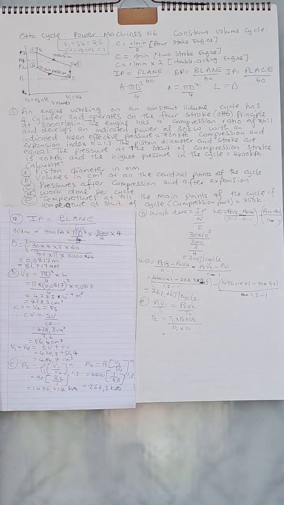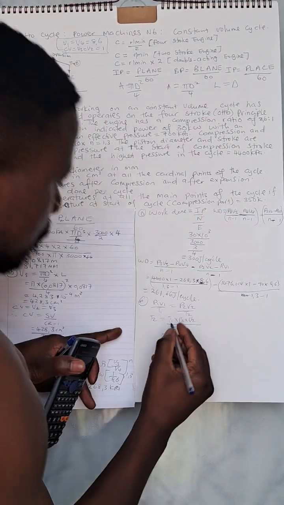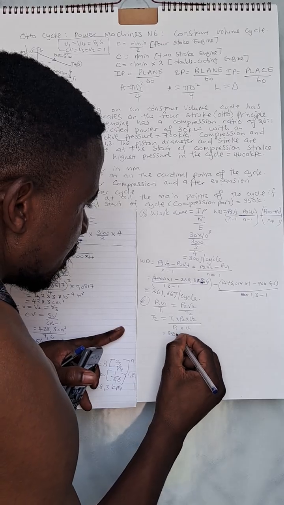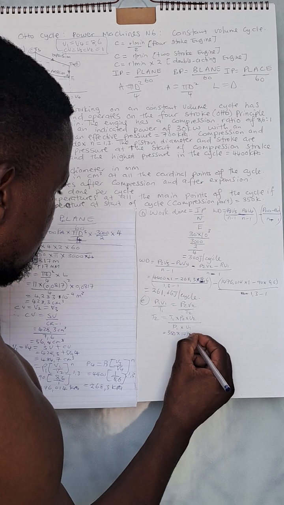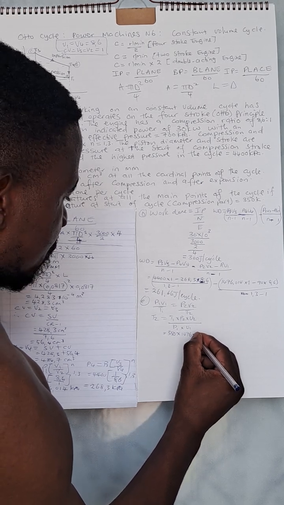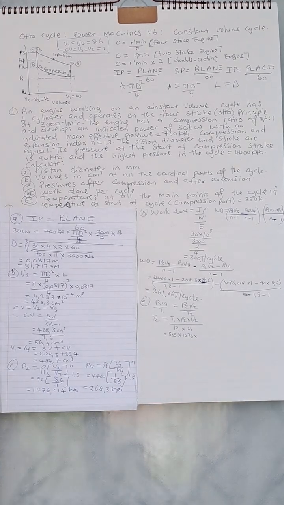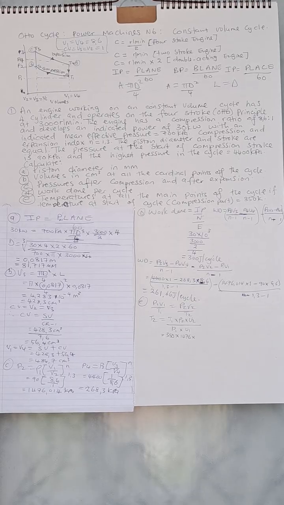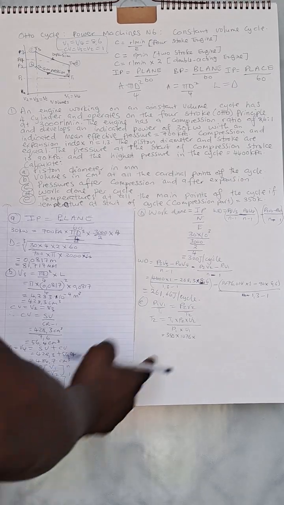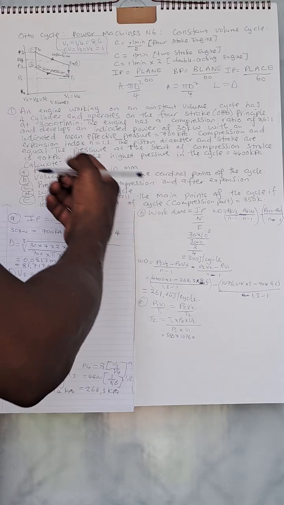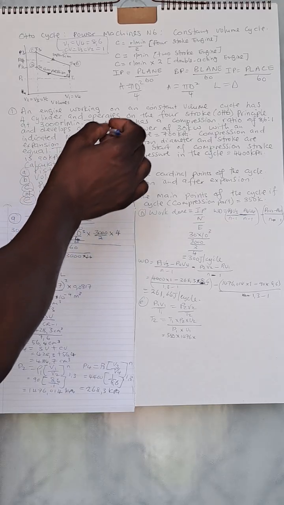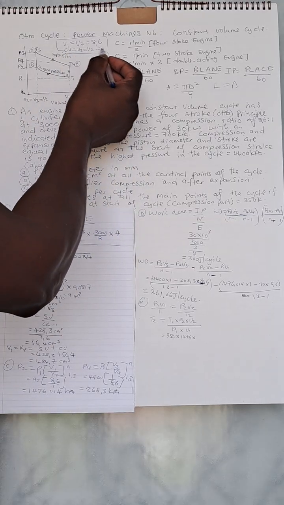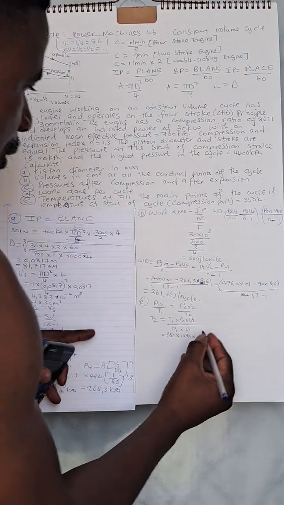Our T1 is 350. Our P2 is 1476 times V2. We can stick with those we got from our compression ratio. Our V2 from the compression ratio is 1.